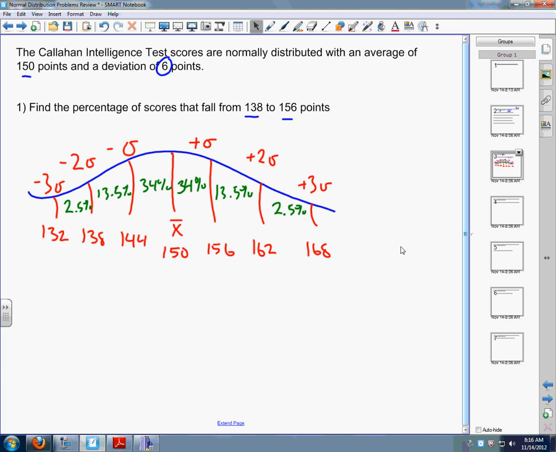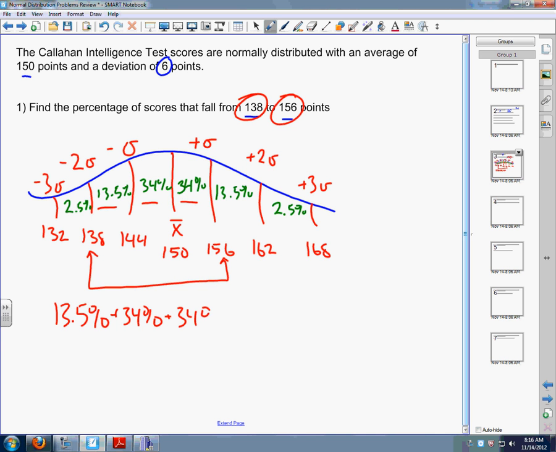So if we want to answer this question, I want to go from 138 up through 156 points. So what percent of kids fell from here to here? We're just going to take these percentages and add them up. So I'm going to take 13.5, 34, and another 34.